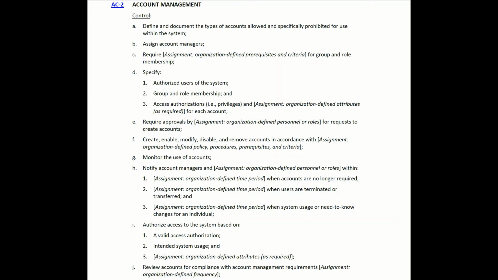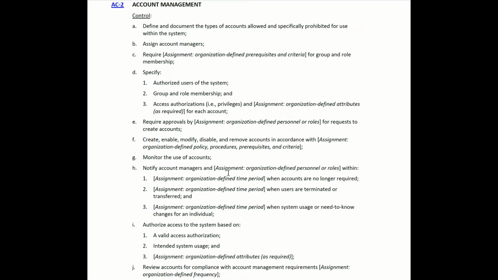Okay, so here is AC-2. We're looking at the specific part of AC-2 that AC-13 was incorporated into. So here, the G part talks about monitor the use of accounts.